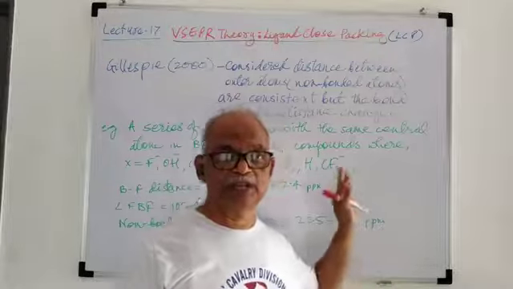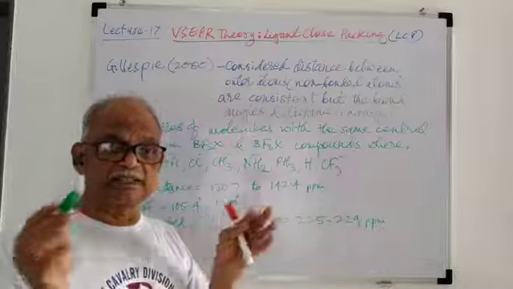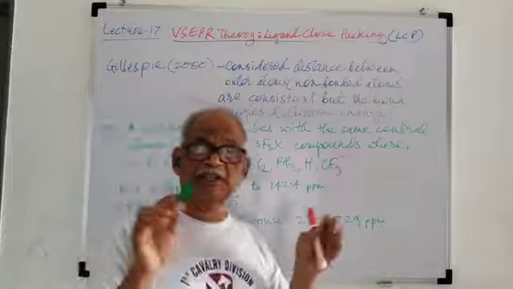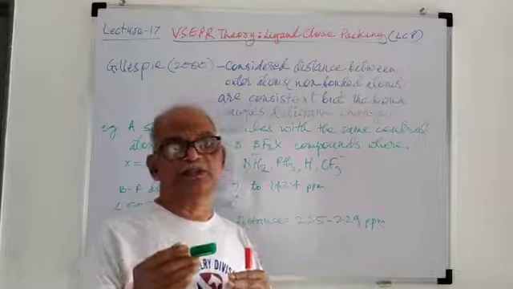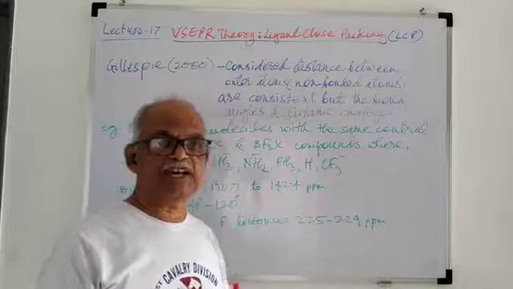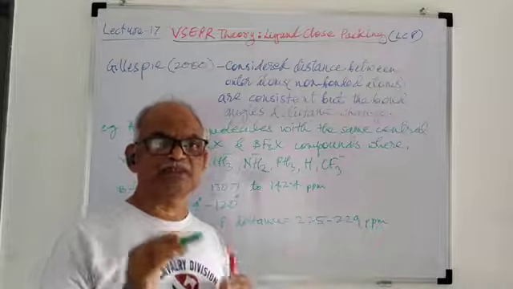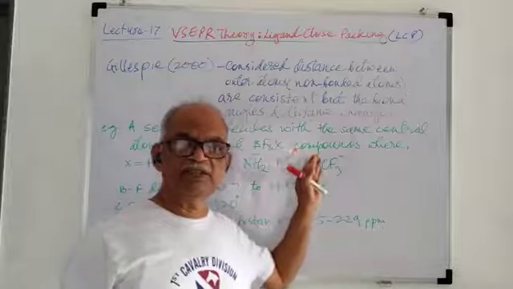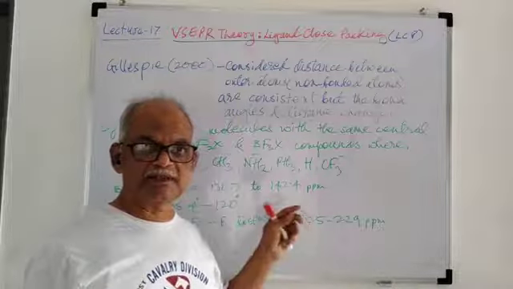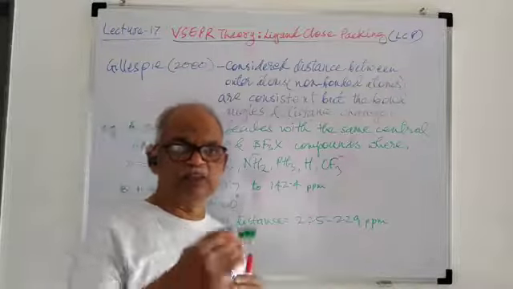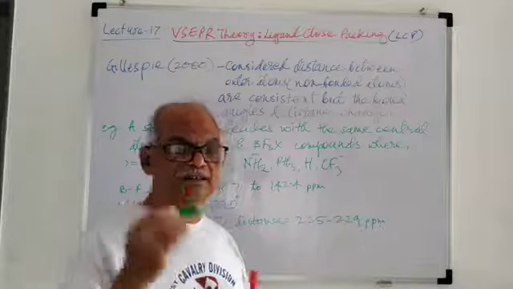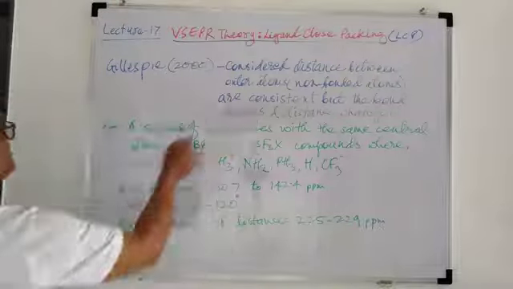The distance between the outer atoms is taken into consideration, which is found to be consistent. But what is changing is the bond distance and bond angles. This is shown here.